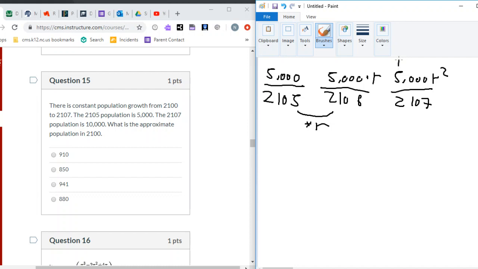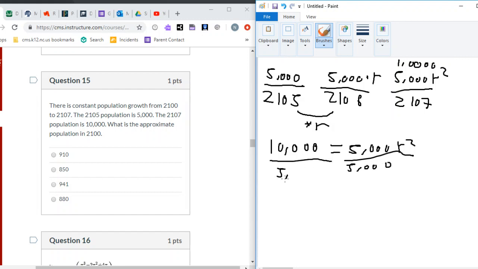The population in 2107 is also 10,000, which means we can set up the equation 10,000 equals 5,000 R squared, and we can divide each side by 5,000, giving us 2 is equal to R squared, which means R is equal to the square root of 2.